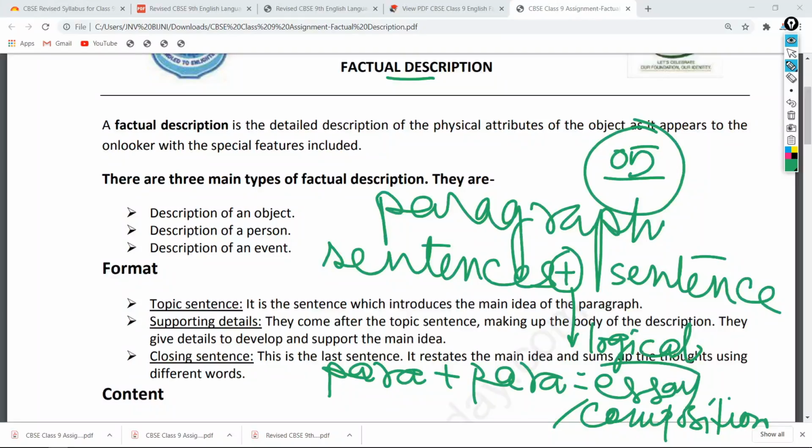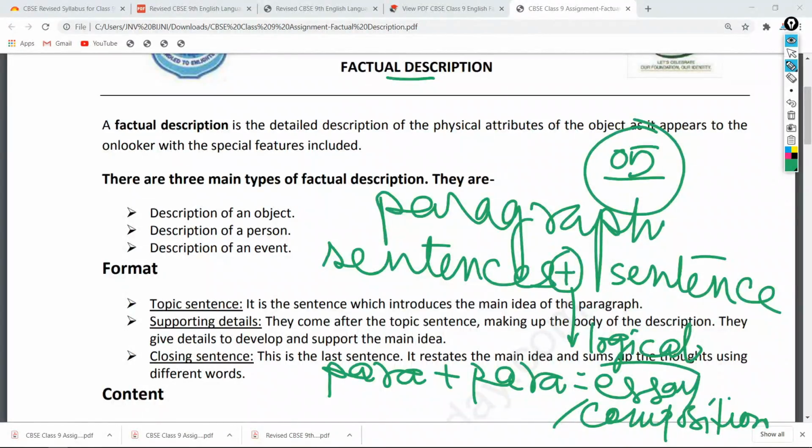When we understand the definition, and the kinds or classes of the factual description, then our writing will be better, provided we also become very familiar with the style of writing. We should also be familiar with the rules of grammar, because when you are writing, your language should also be correct.